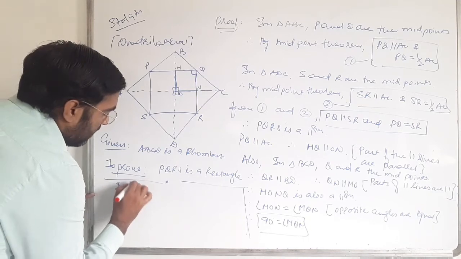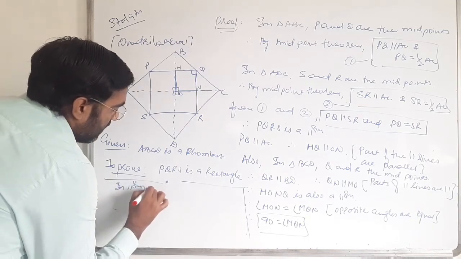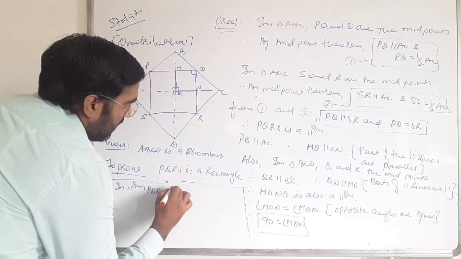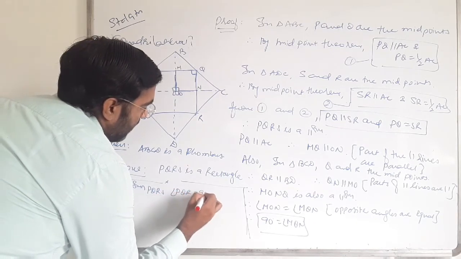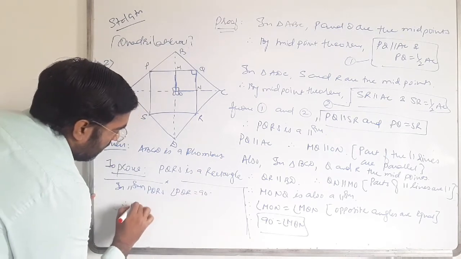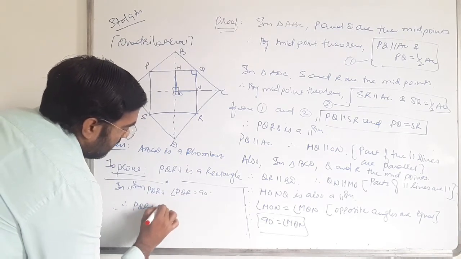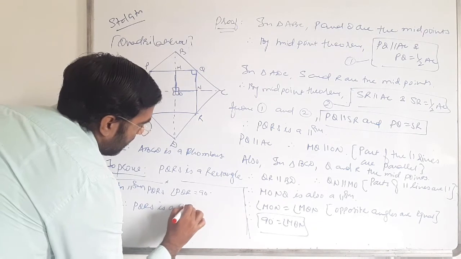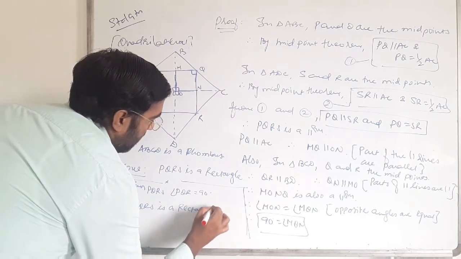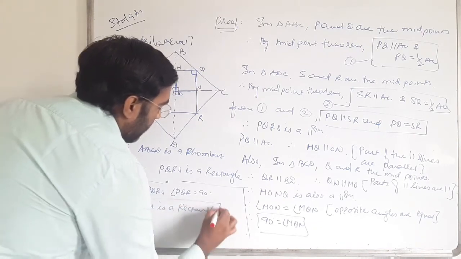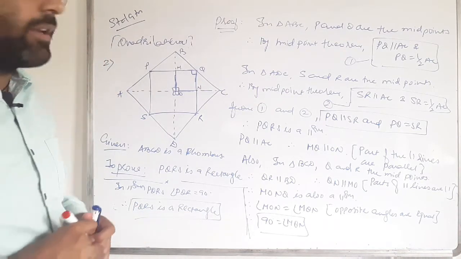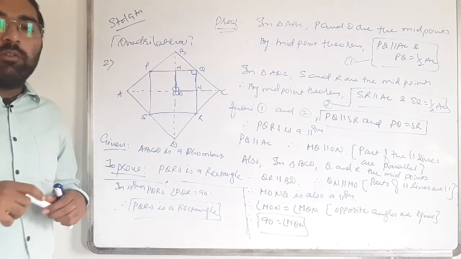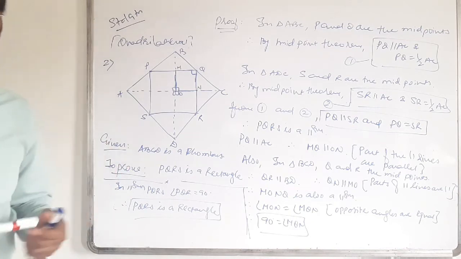In parallelogram PQRS, angle PQR is equal to 90 degrees. Therefore, PQRS is a rectangle. One angle of the parallelogram is 90 degrees, so that's why we say that it is a rectangle. So please note this down.